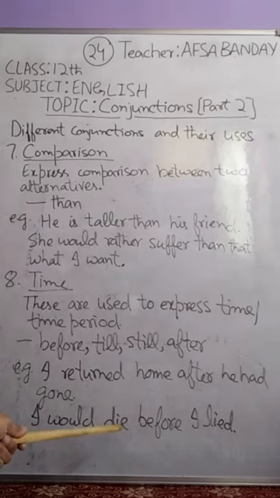It expresses, again, time. That means instead of telling a lie, I would prefer to die. Or we can say: I returned home before he had gone. So this is also used for time.